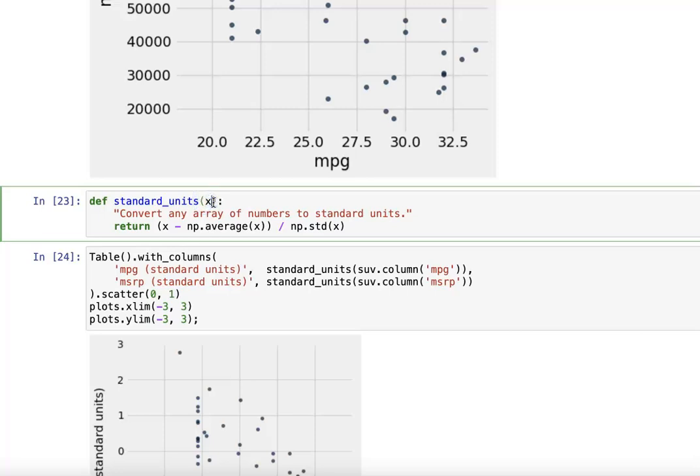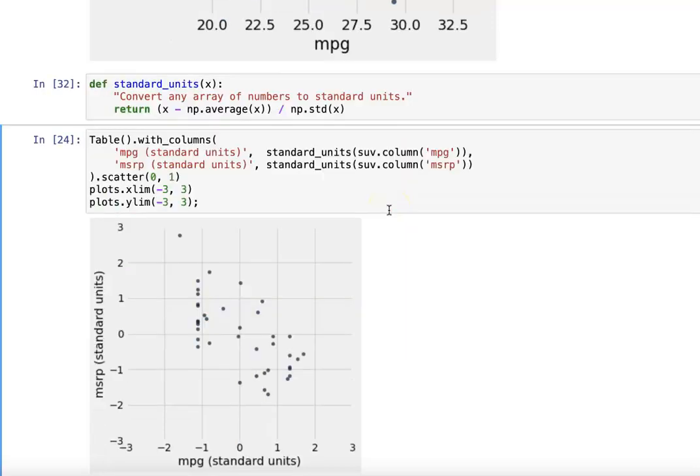This X can only be an array, because we need to find the average from a sequence of numbers. So your X is an array, and you use each element in the array minus the average of the array, then we find the standard deviation.